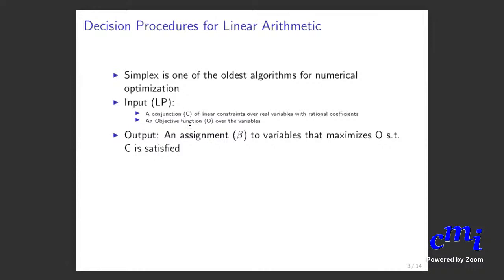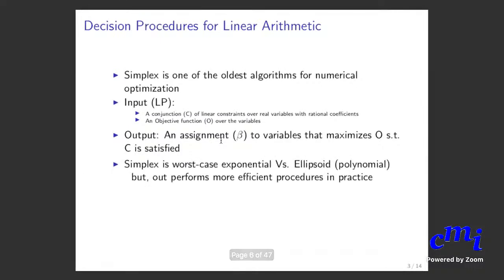Among all the solutions, they generate one that optimizes this objective. But since we are interested only in satisfaction in our case, we do not have the objective, and it just has to produce an assignment that satisfies the inequalities, which simplifies the problem a little more. Simplex is worst-case exponential.